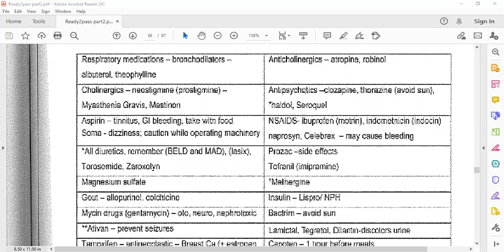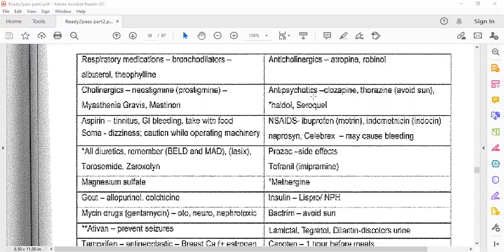Hallucination means false perception. What is psychosis? It means delusion, hallucination, right?